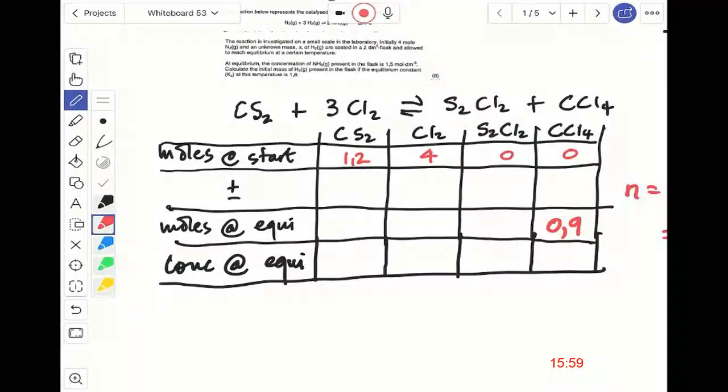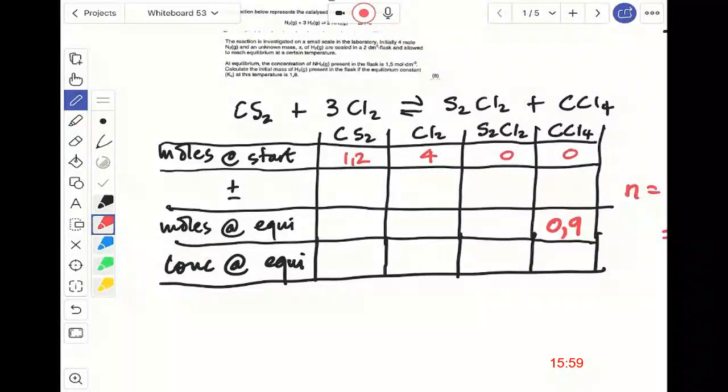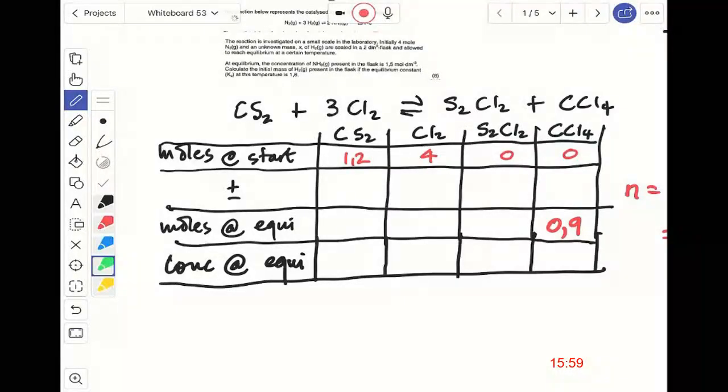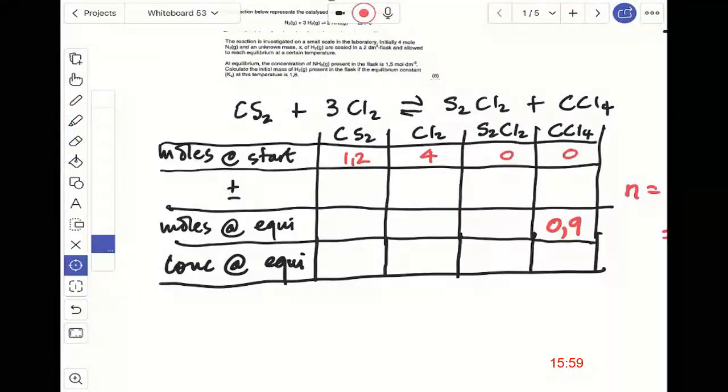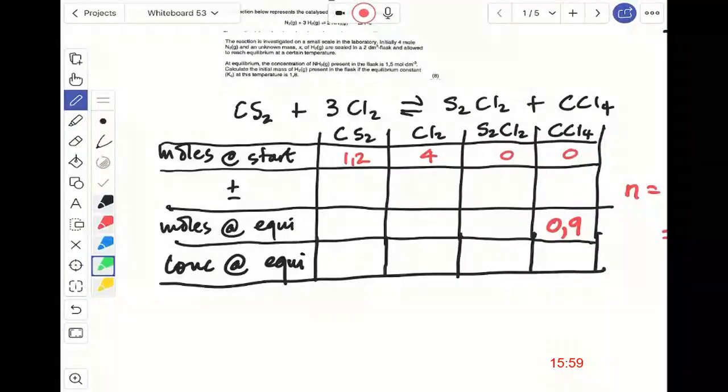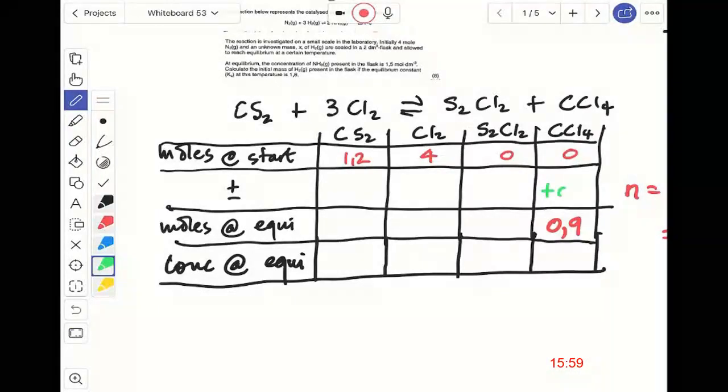Okay, so our next step is to go into the column that has two pieces of information, and we're going to use green now. And what happens is I had nothing, I produced 0,9, I must have made 0,9.